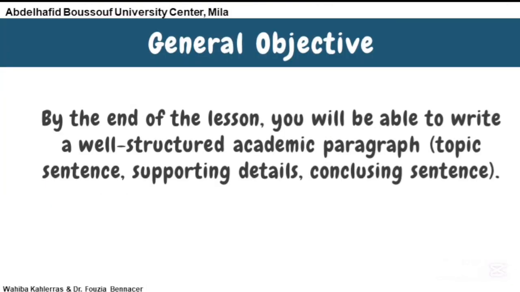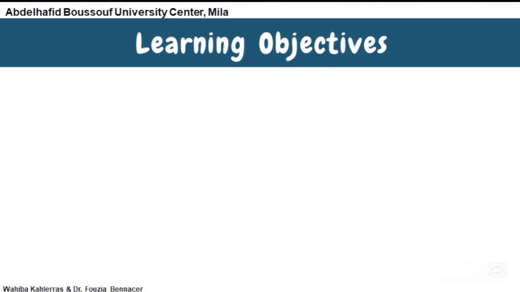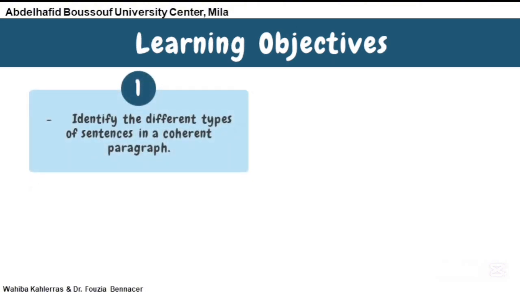By the end of this lesson, you'll be able to compose well-structured academic paragraphs using technical English, encompassing the three types of sentences we find in a paragraph: topic sentence, supporting sentences, and concluding sentence.